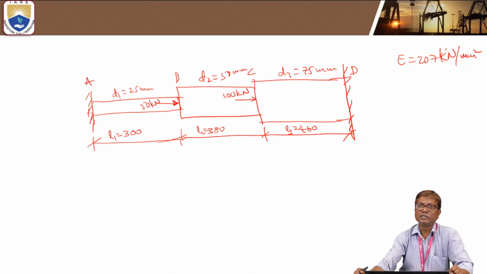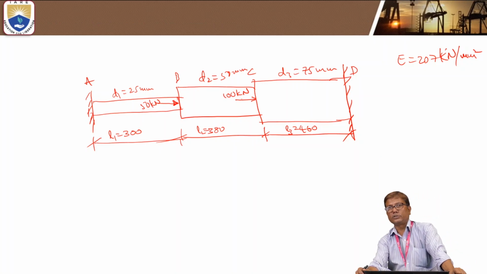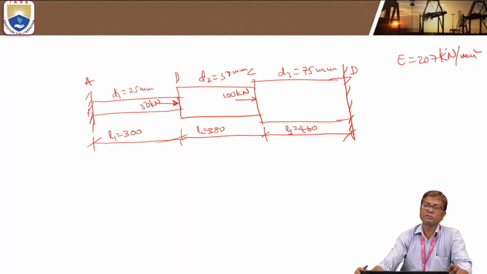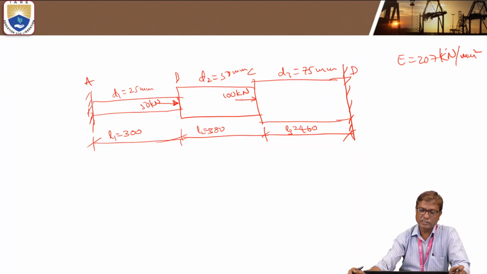The ends A and D are rigidly fixed between the supports. So here the total elongation of the bar is 0, because the ends are rigidly fixed. There will be no change in length. But individual portions AB, BC, CD may get elongated or contracted.